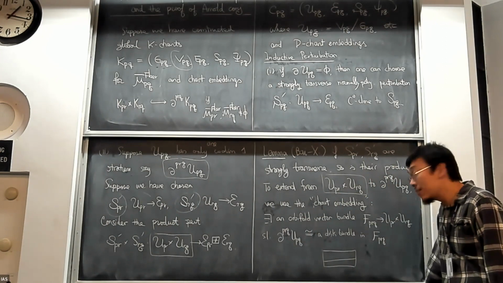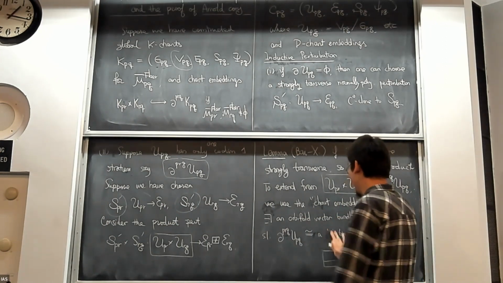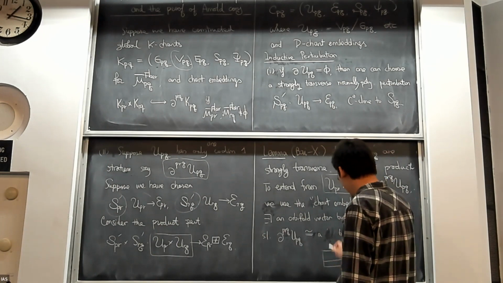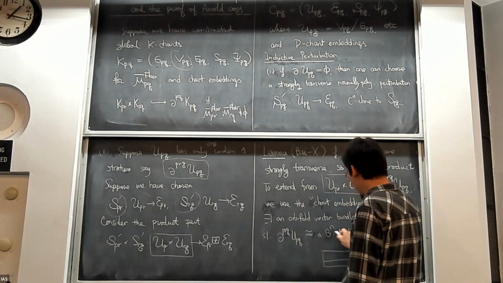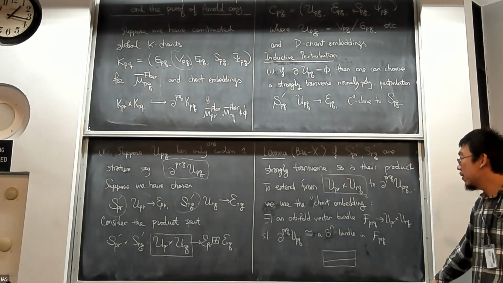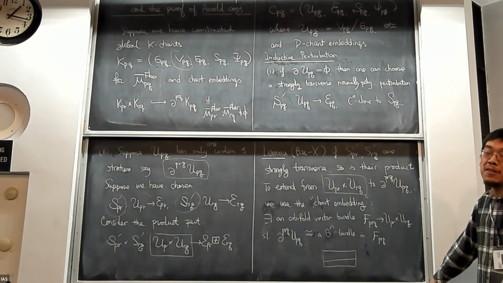Sorry, ball bundle. Oh, ball bundle. Okay. And presumably that is even dimensional? Yeah, it's complex, usually. So that is where some of this orientation business, some of the conditions at the very beginning, come in.